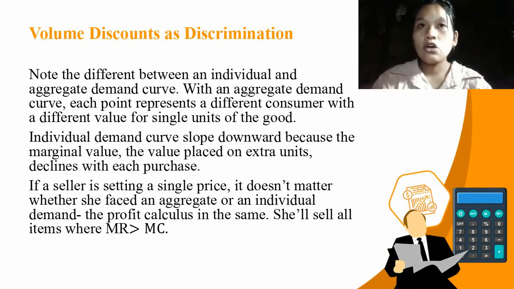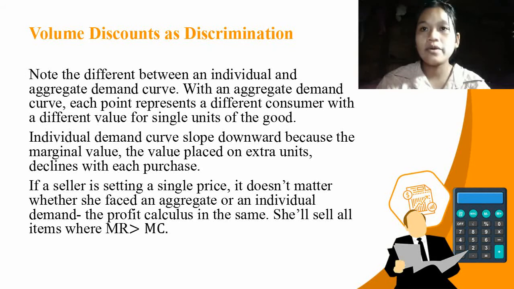Individual demand curves slope downward because the marginal value of an extra unit declines with each purchase. For example, a retailer who purchases from a manufacturer may find that the first few items are relatively easy to sell, but to sell more, she may have to lower the price, hold the item in inventory for a longer period of time, or spend money on promoting the item.